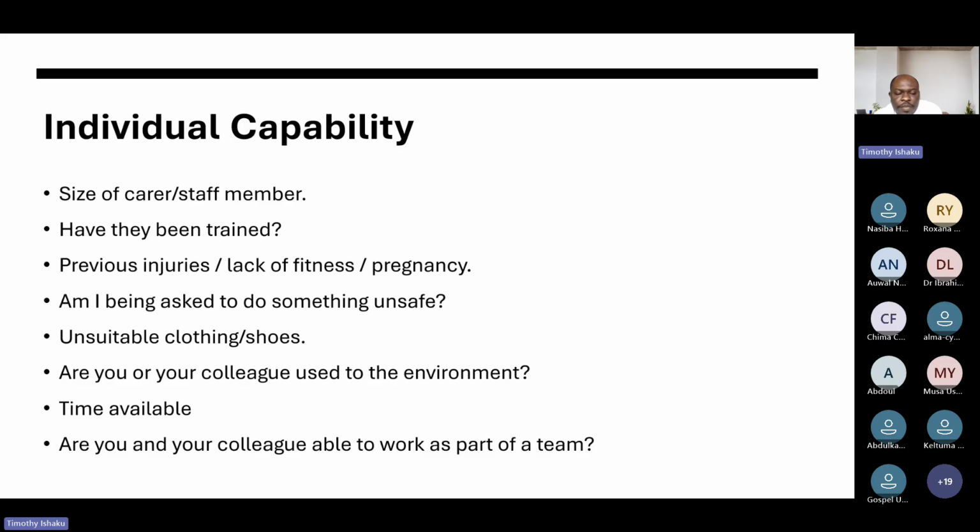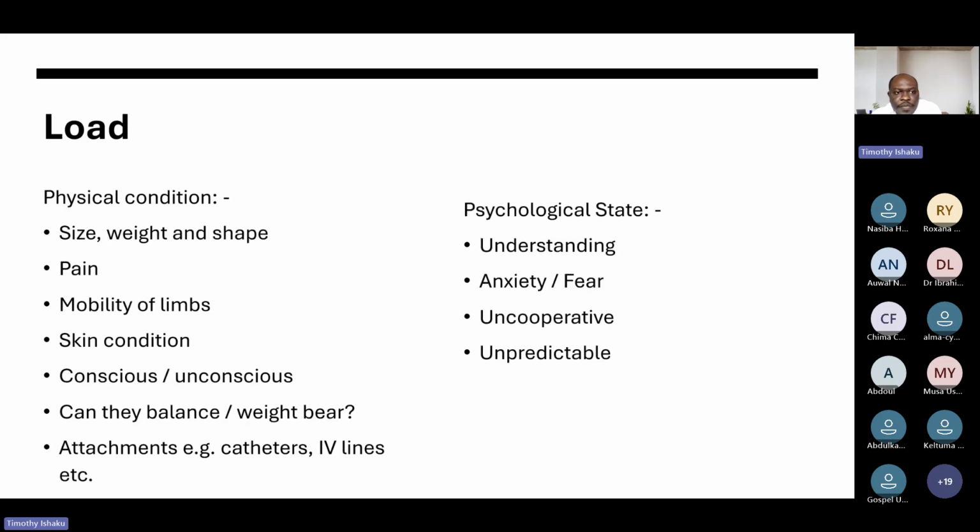So your individual capability is looking at you from how you will be able to carry out the task. And if you can't carry out the task due to restrictions of any of those capabilities, then it's a question of trying to figure out if somebody else will be better suited, or you need an extra pair of hands, or you need equipment and things like that.